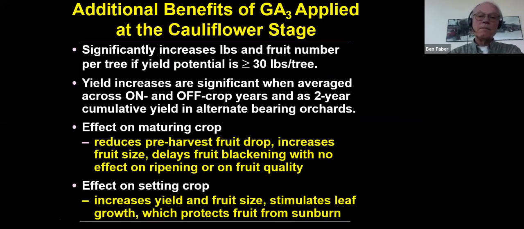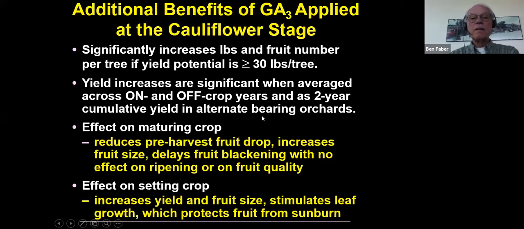So in summary, the Ga3 increased yield by a minimum of 30 pounds per tree. So that's about 60 pieces of fruit. It did not seem to impact both on and off crop yield years. The yields were averaged over a 2-year period of on and off crop years.